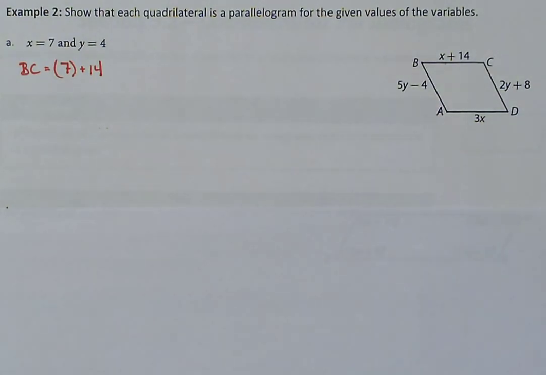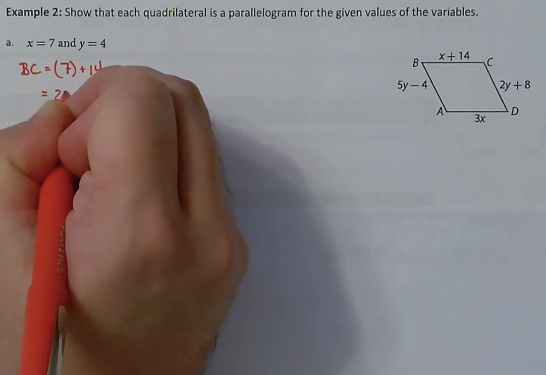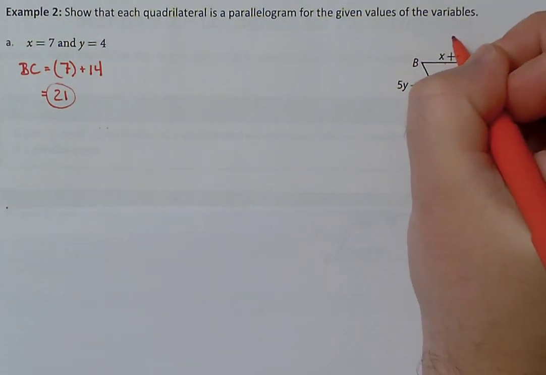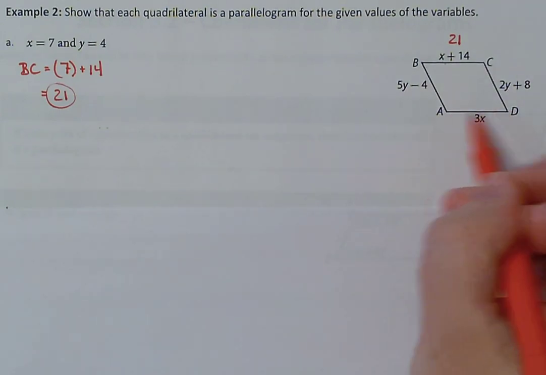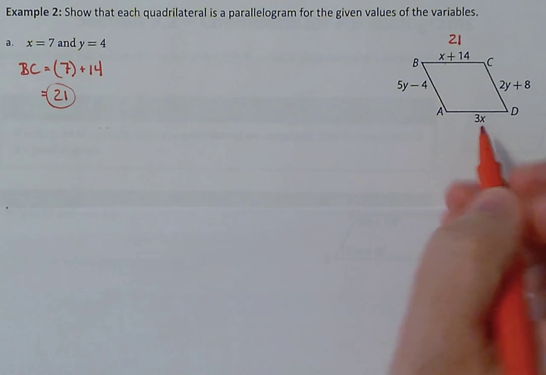And if we do 7 plus 14, we end up with 21. So that means BC is 21 units. Next, if we look at AD, because that's my next one that has x, its expression is 3x.